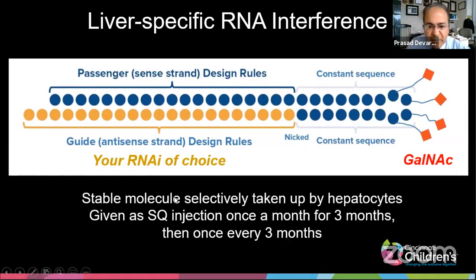So this is a stable molecule, which is selectively taken up by hepatocytes only. Once it gets into the hepatocyte, it's cleaved, and then your RNA inhibitor of choice is released within the hepatocyte. It is now given as a subcutaneous injection once a month for 3 months, and then once every 3 months. So it's given at home by patients and families, and it is working very well.